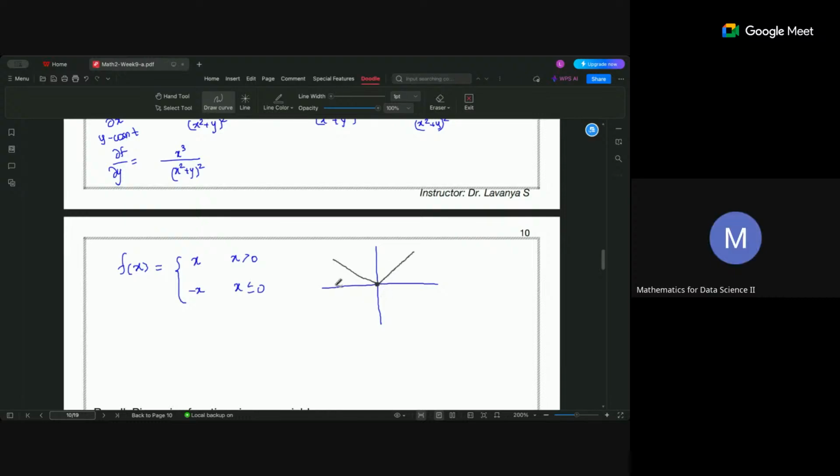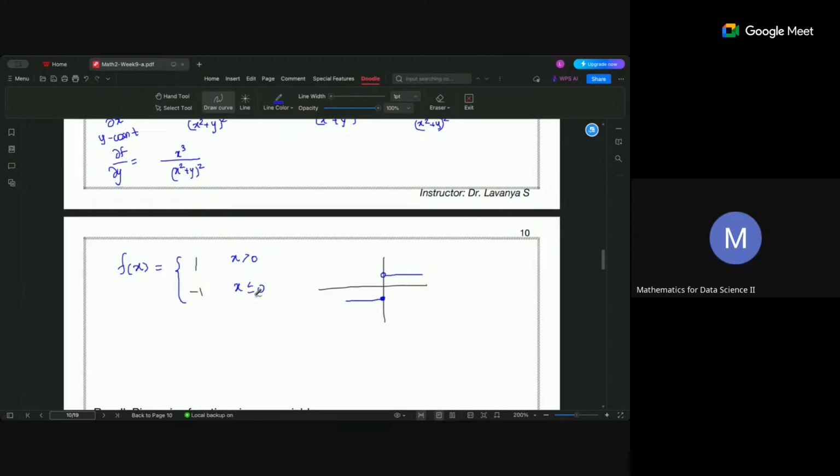Okay. Now suppose I am fixing these values, maybe taking 1 and −1. Then how will the graph change? Signum function. So now for x greater than 0, the value is 1, and for x less than or equal to 0, it is −1.